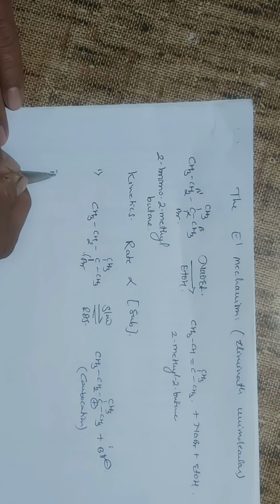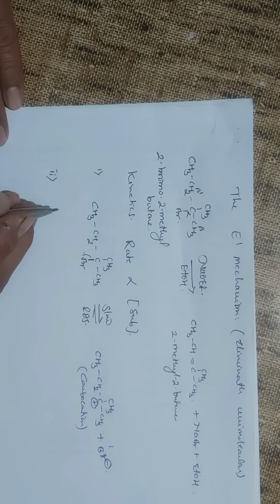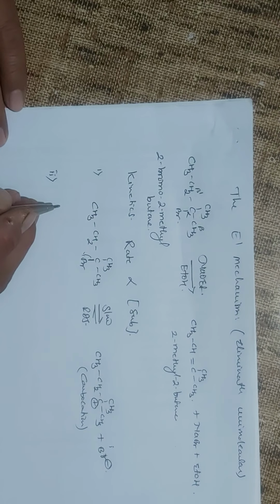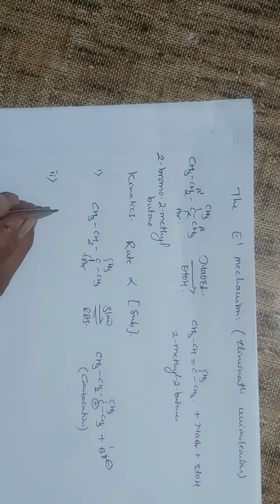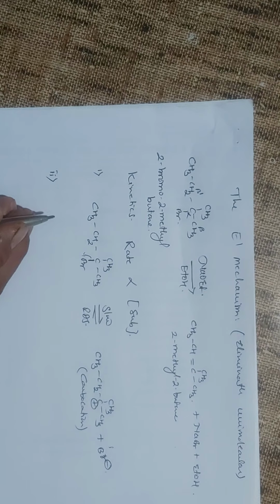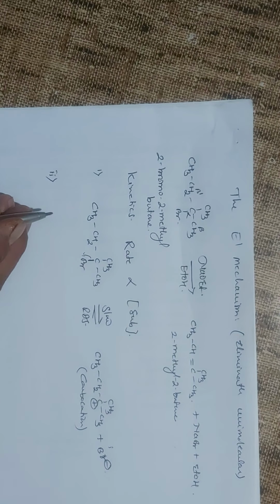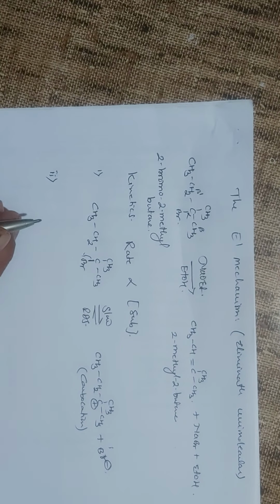In the second step, it involves the abstraction of a proton, the beta hydrogen.